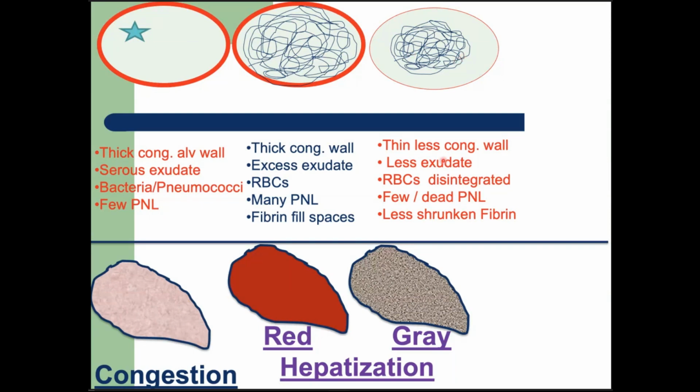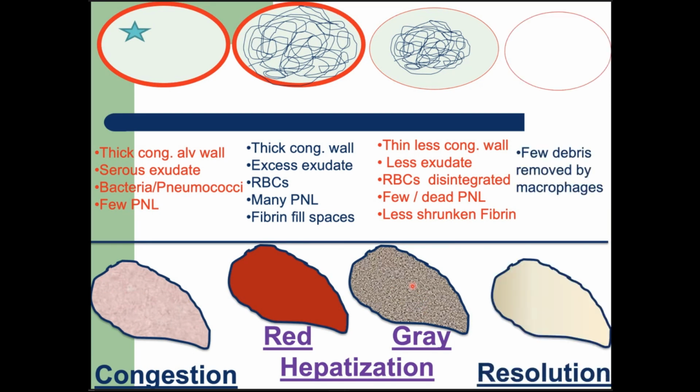So that is the stage of gray hepatization. Still, it is solid looking. And finally, the resolution stage, the wall is normal, thin, and the lumen and the cavity are now empty, and only a few debris are left, which is removed by the macrophages. So these are the four stages explained by the diagram.